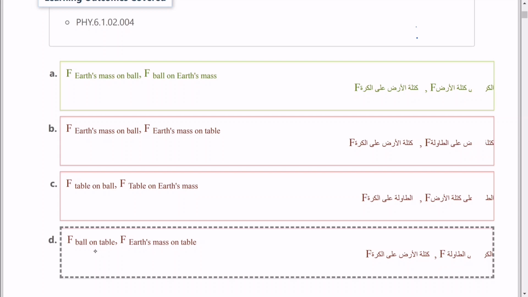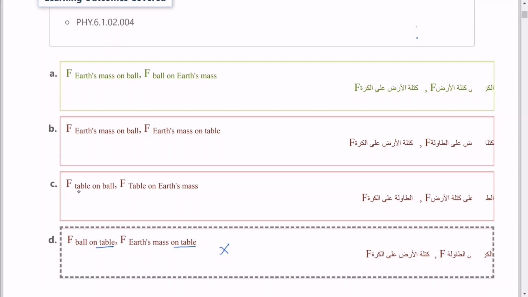So here you can see both the forces, the action and the reaction, are acting on the same object. Both the forces are acting on the table. So this is not a correct answer. Why? According to Newton's third law, forces must act on two different objects. If one force is acting on the table, then the other force must act on the ball.